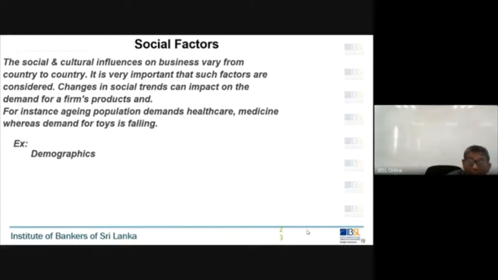Are we having that facility available? Can people work at home? What are the advantages and disadvantages? How does it impact your lifestyle? Then you look at the demographic factors like population, aging population.